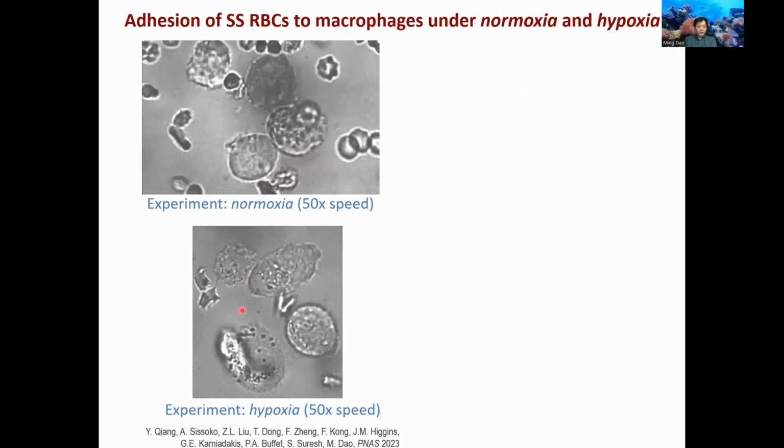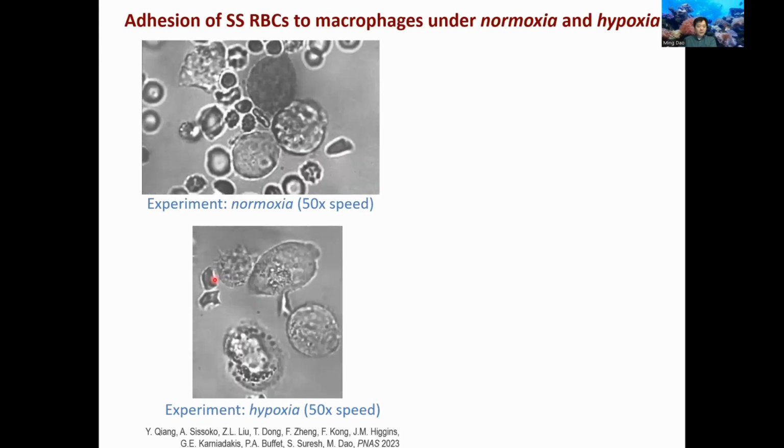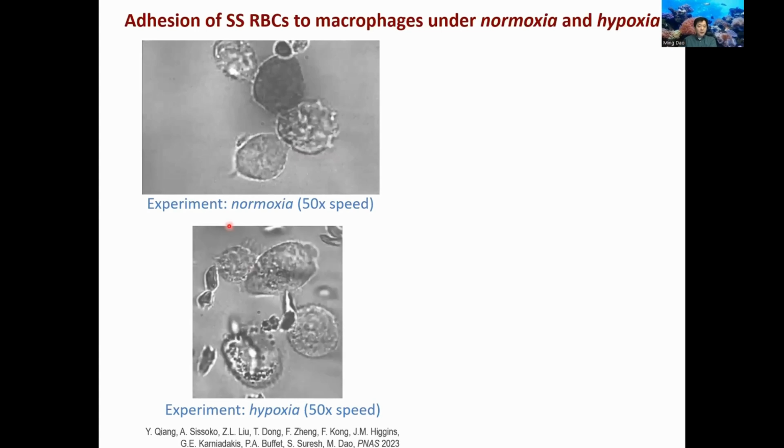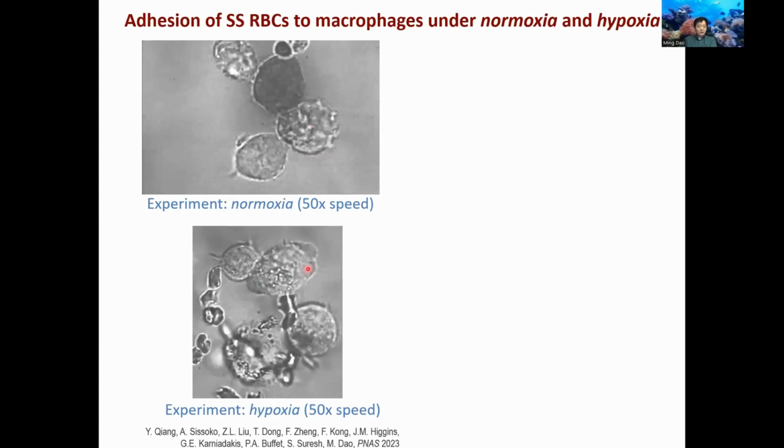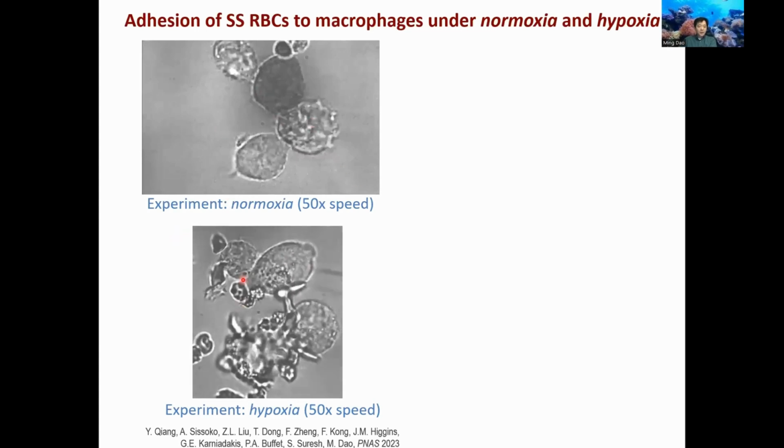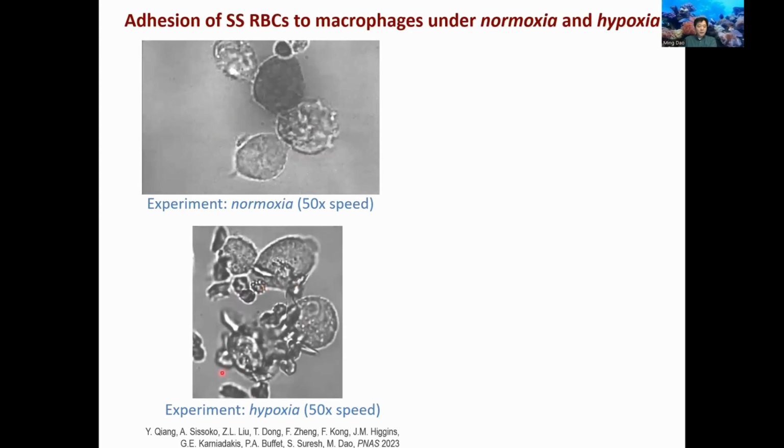And this is under hypoxia, the same patient sample. You can see that after the same amount of time, there is a lot more adhesion and retention under hypoxia condition to retain sickle cells.